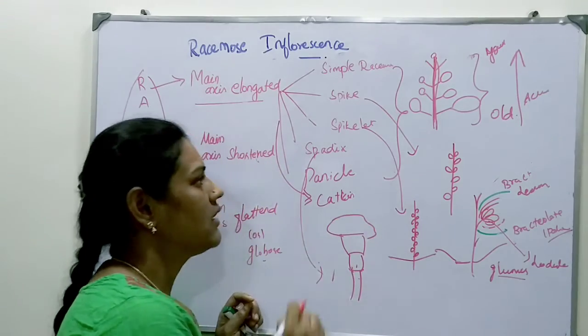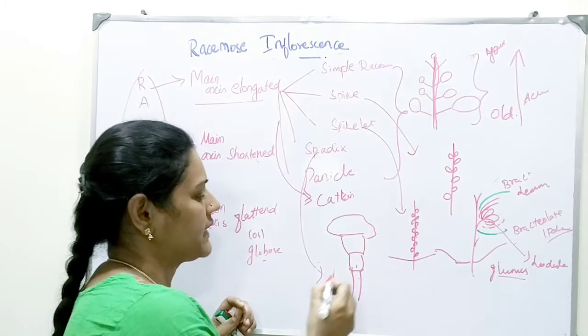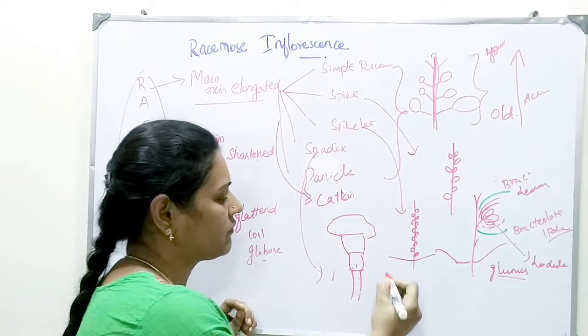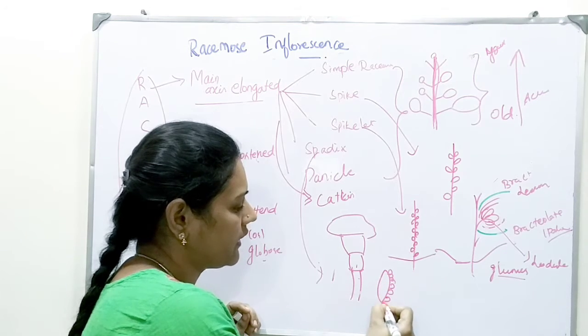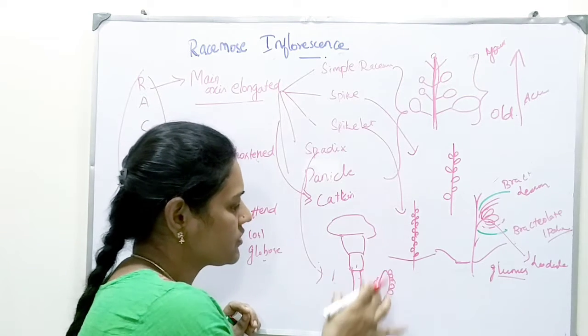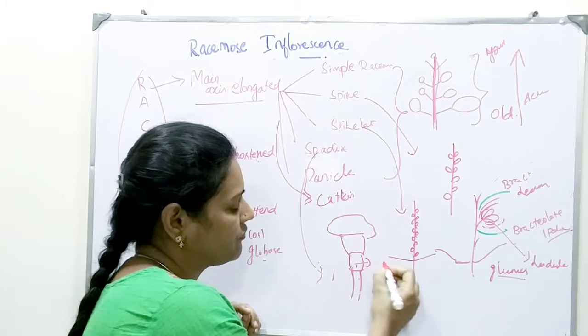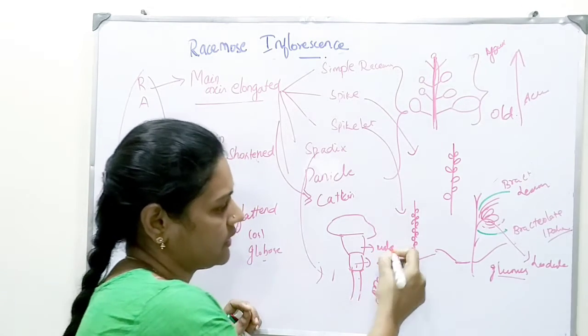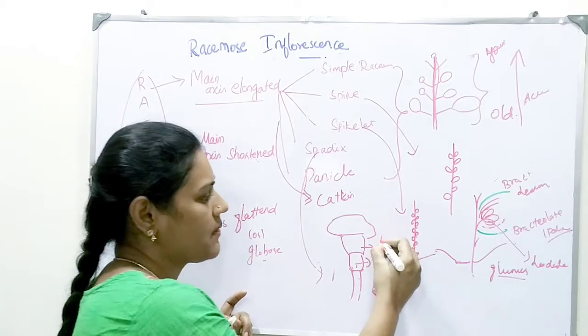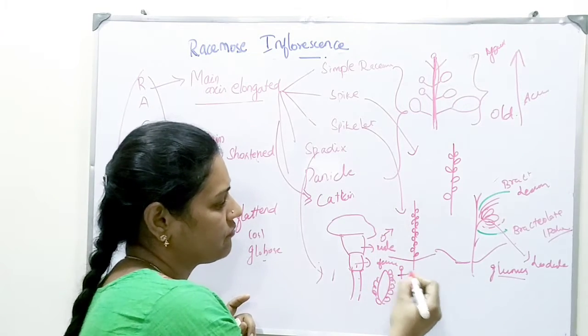This is actually a flower arrangement of the spadix. On the main stem there are many flowers. This is the main stem, this is the female flowers, and this is the male flowers.